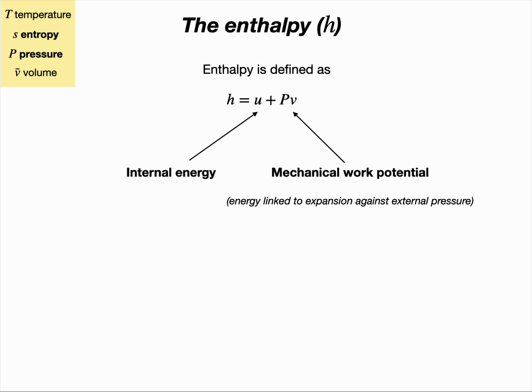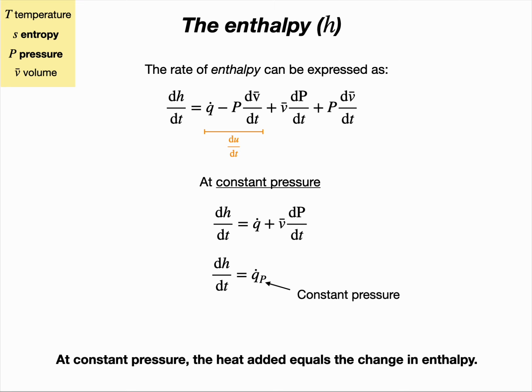Now the enthalpy of last week, we defined it as H equal U plus PV. So this is the internal energy. This is the mechanical work potential. And we did a little bit of algebra last week, and we showed that the rate of change of H, this is the internal energy rate again, plus V dP/dt plus P dV/dt. But since the internal energy rate already includes P dV/dt with a negative sign, these two cancel. So the dH/dt is Q dot plus V dP/dt.